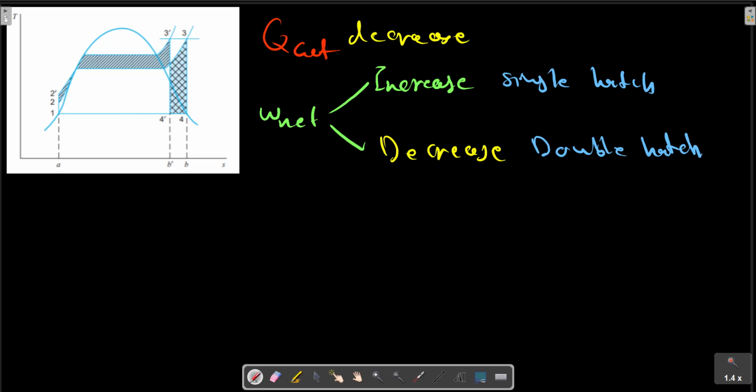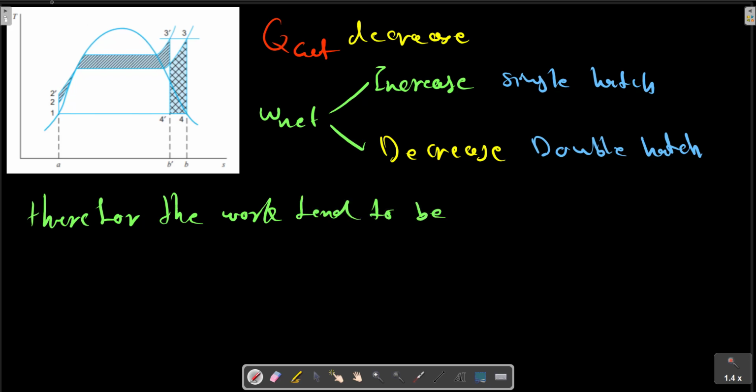Single hatch, and decrease by a double hatch, the work tends to be the same, and the heat rejected.